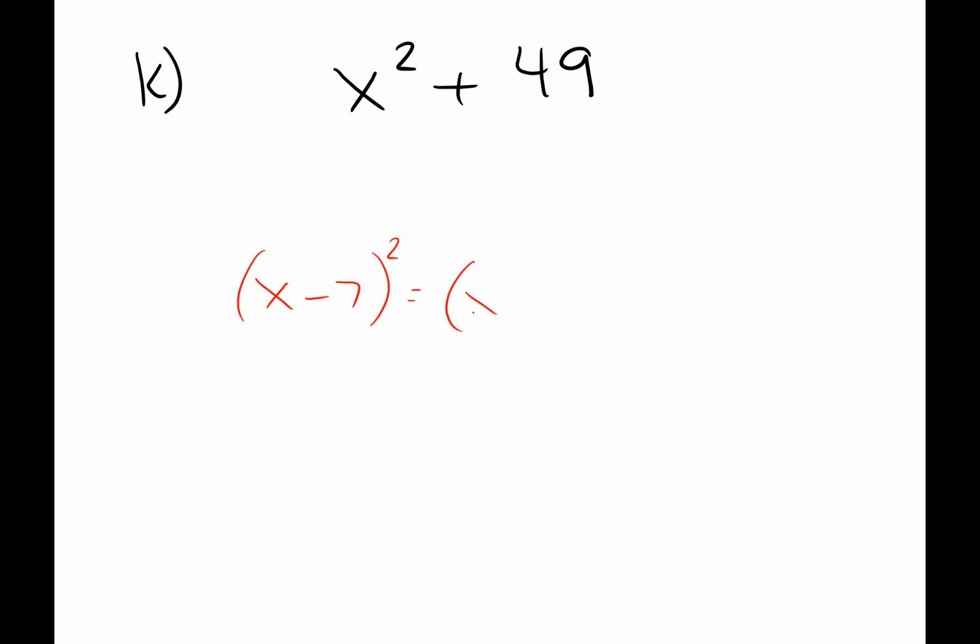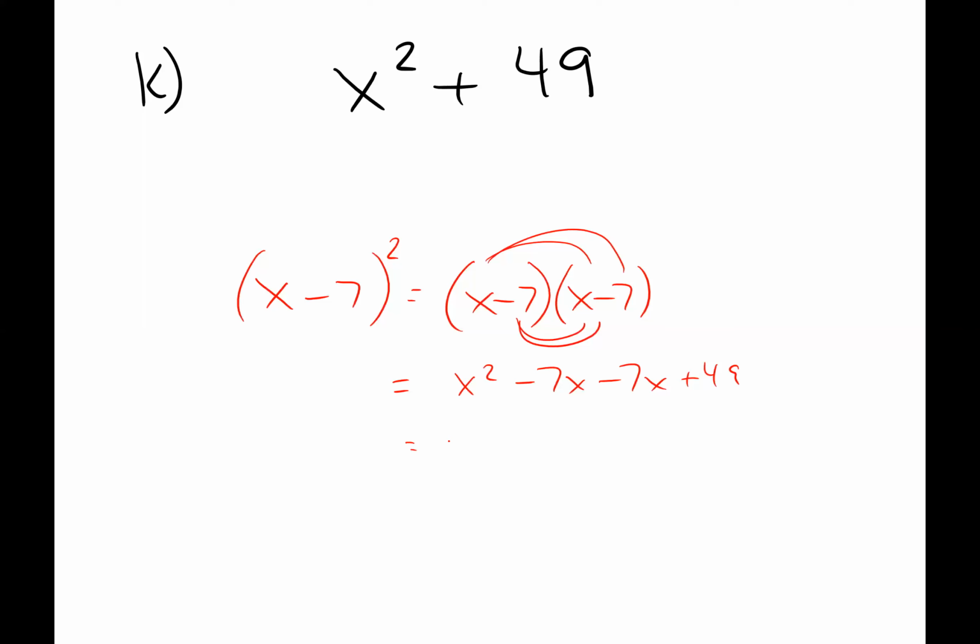Or wait, no, then they would both be negative. If we multiply this out, you get a -7x, then you also get another -7x. They don't cancel, they actually add up. And at the end we get the +49, but we also get a -14x in the middle. Bummer.